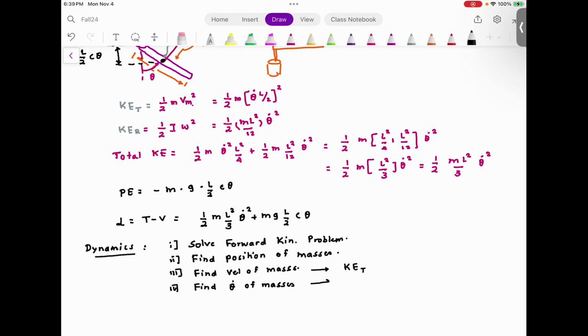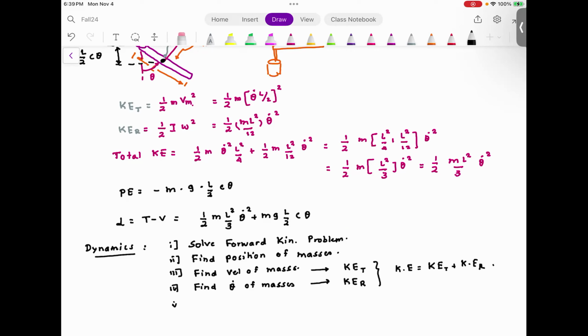Once you find the angular velocities, you can find out the kinetic energy of rotation. Once you find out the kinetic energy of translation and the kinetic energy of rotation, you can find out the total kinetic energy, which is kinetic energy of translation plus kinetic energy of rotation.